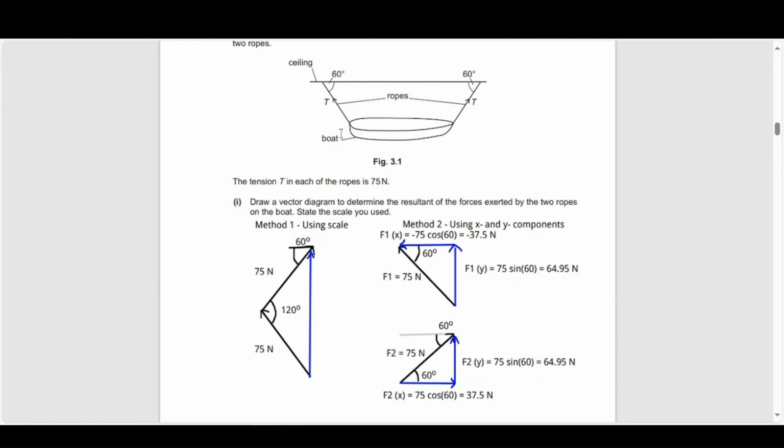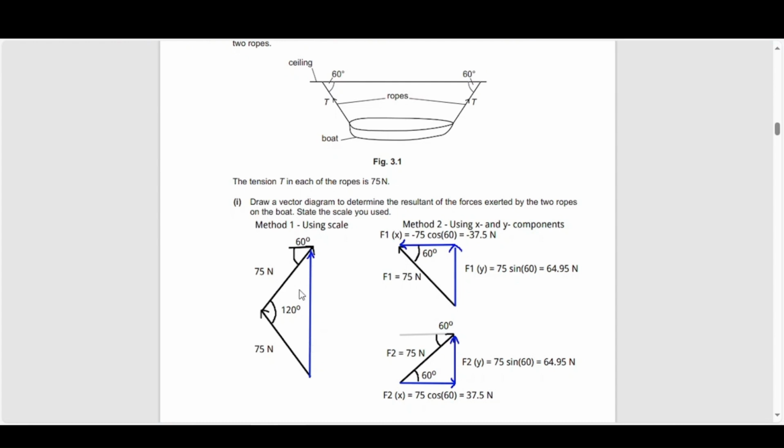So here you would have these 2 vectors head to toe with each other. I've started off with the left rope, which has a tension of 75 newtons, and then I've linked it to the right rope, which also has a tension of 75 newtons. And then starting from the tail of the first vector, going all the way up to the head of the second vector, you've got the resultant, which is shown in blue.